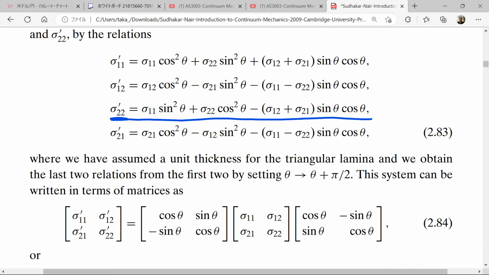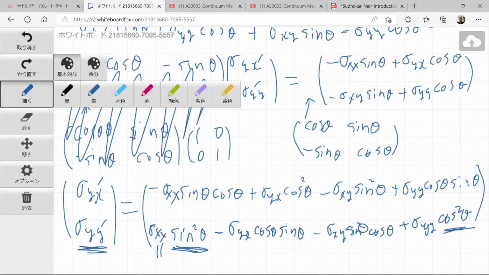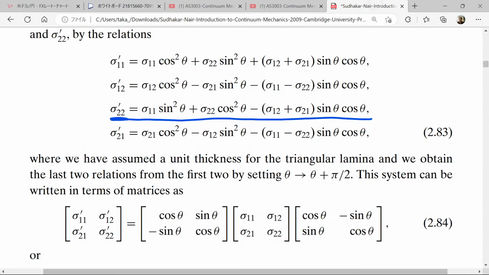Just see. This is 1, this is 2. Sine square, cosine square.